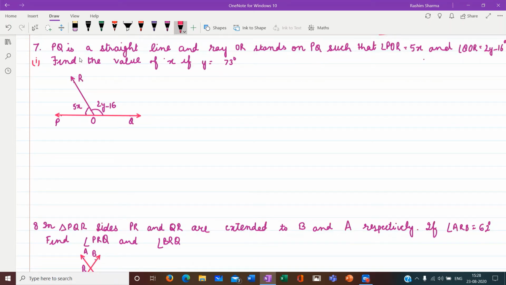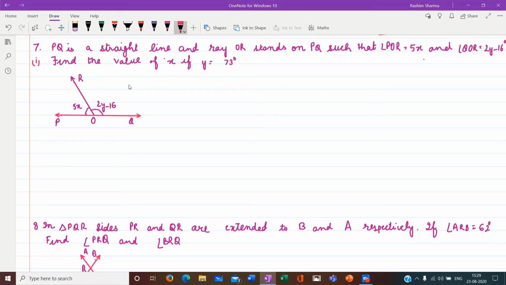Question number 7 is PQ is a straight line and ray OR stands on PQ such that angle POR is equal to 5x and angle QOR is equal to 2y minus 16. Here we can see the figure. We are given angle POR 5x and angle ROQ is equal to 2y minus 16. We have to find the value of x if y is equal to 73 degree.